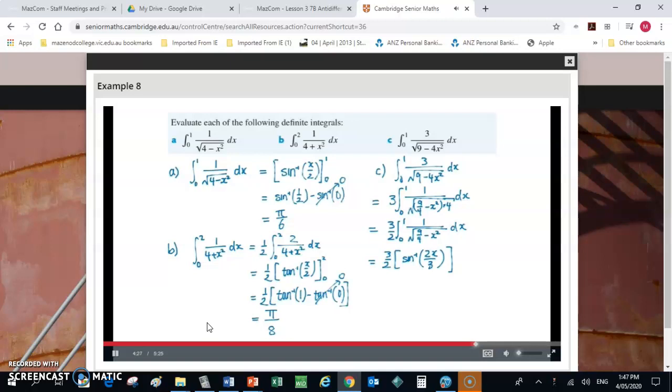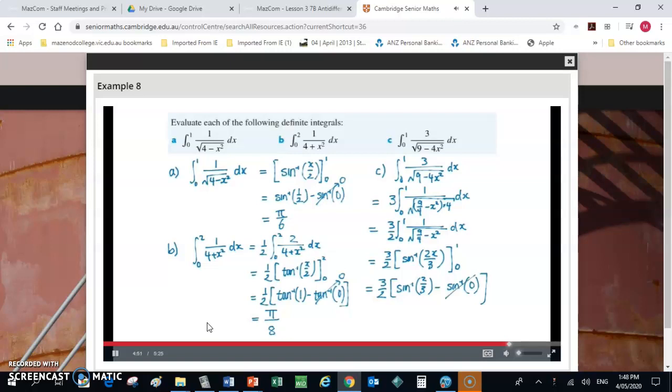So what we're going to do now is we're going to substitute the 1 in, and we're going to substitute the 0 in. And so this is going to equal 3 on 2 sine inverse of 2/3 minus sine inverse of 0.